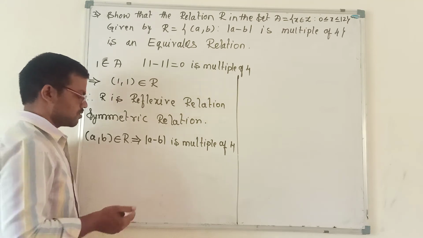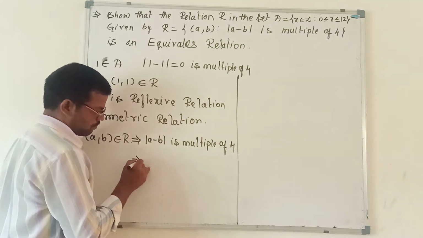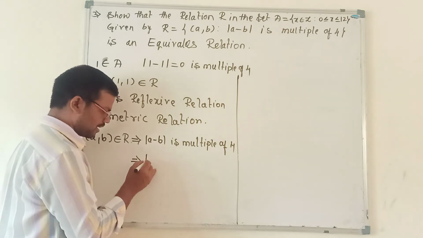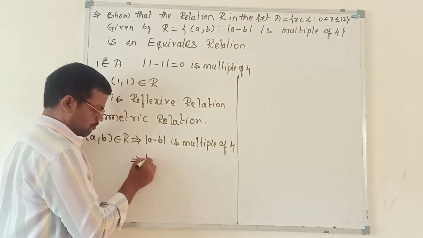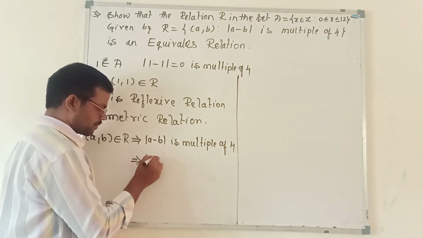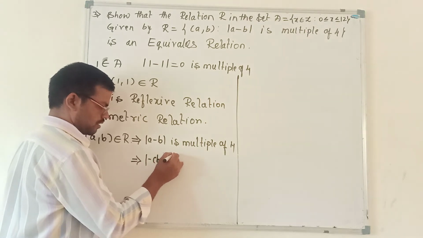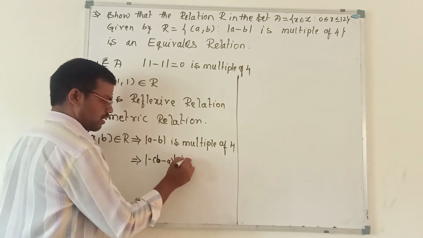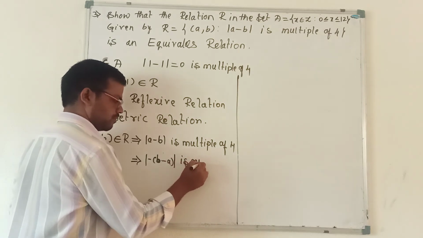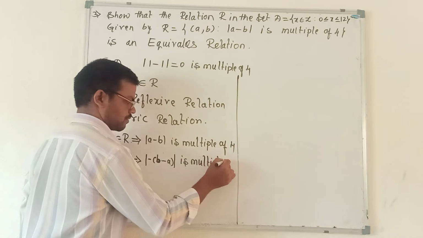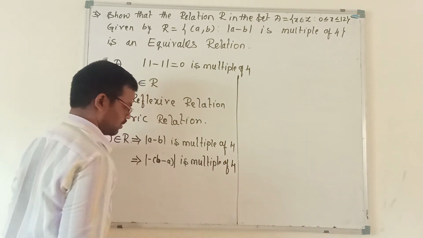We know that mod always gives a positive number, so we can make a modification here. I'll take minus common: B minus A is a multiple of 4.